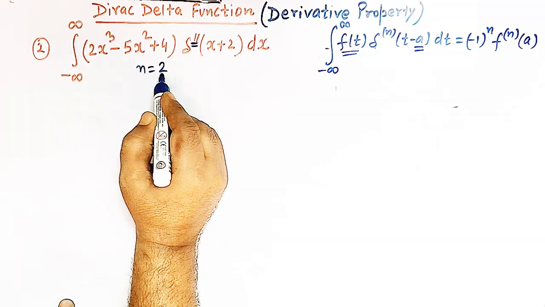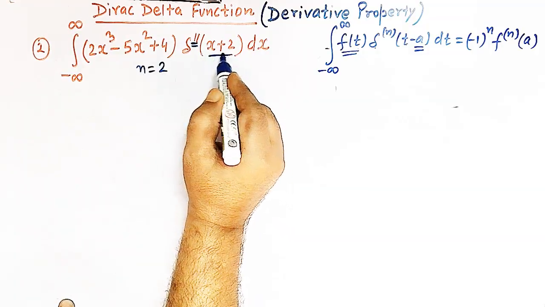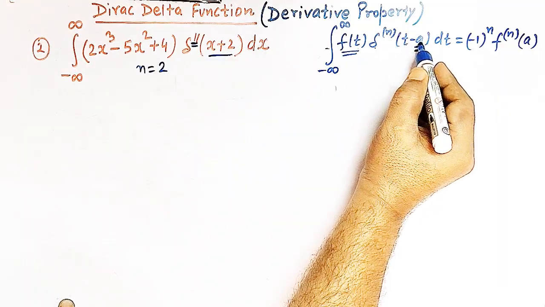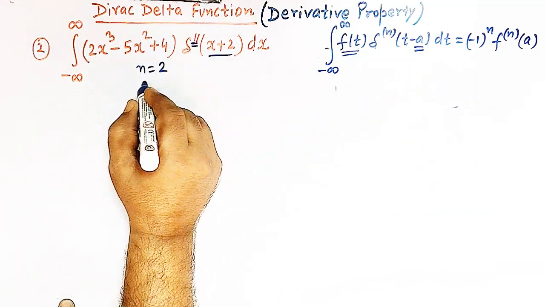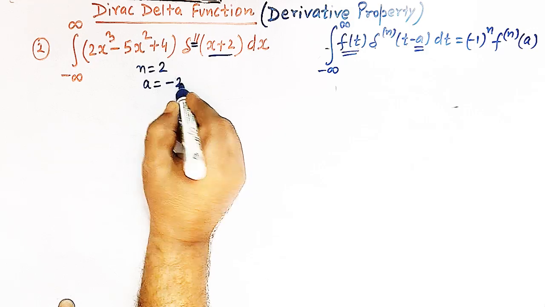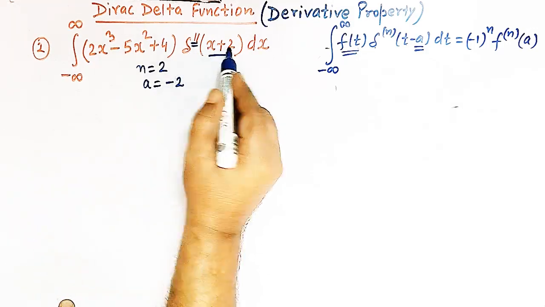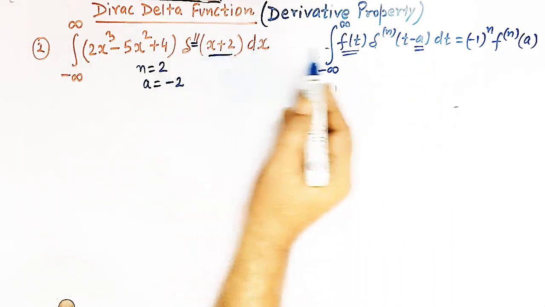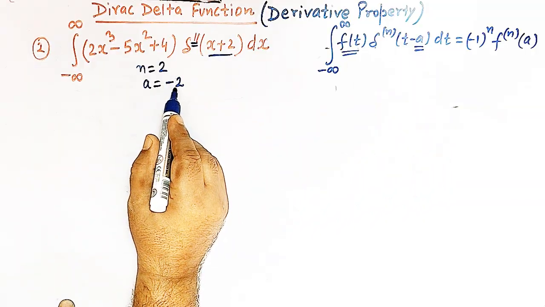So here n is equal to 2, and we have x plus 2, whereas the property has t minus a. So if we take t plus 2, then the value of a is equal to minus 2.